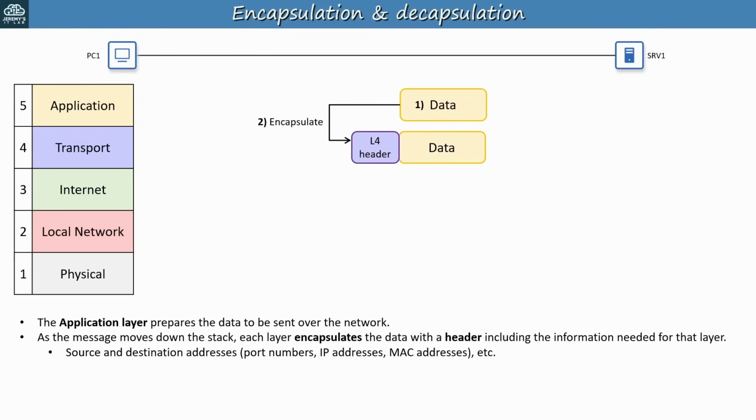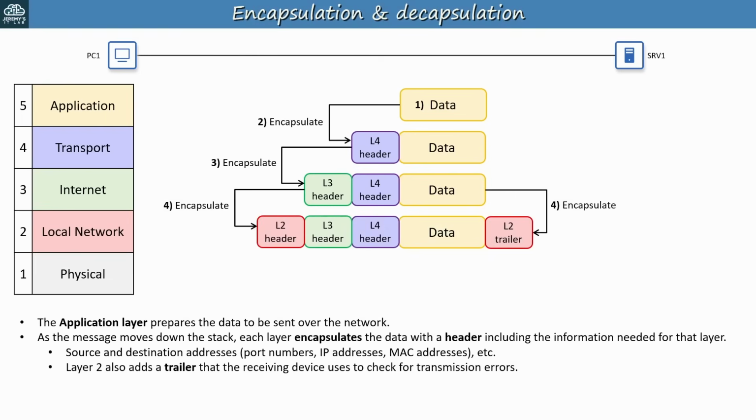So first, the transport layer encapsulates the data with its header, the Layer 4 header, with source and destination port numbers and other information. Then, the internet layer adds its header with source and destination IP addresses. Then Layer 2 encapsulates the data with both a header and a trailer. The trailer is used by the receiving device to check for transmission errors. We'll look at this in more detail in a later video about Ethernet.